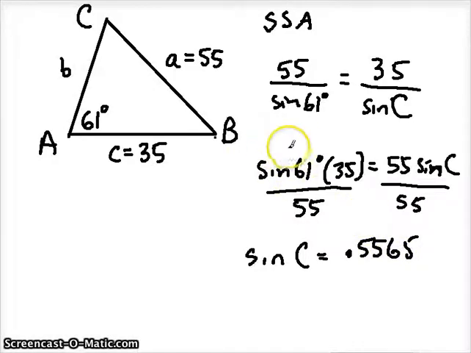So I found the decimal value of sine of 61, I multiplied by 35, and then I divided by 55, and I get this decimal right here. And that decimal value is equal to whatever the sine of my angle C is.